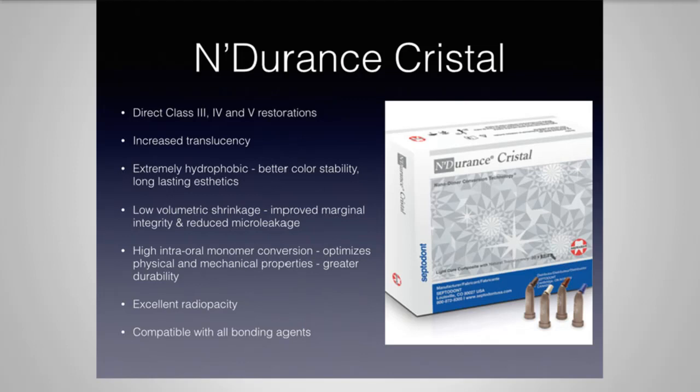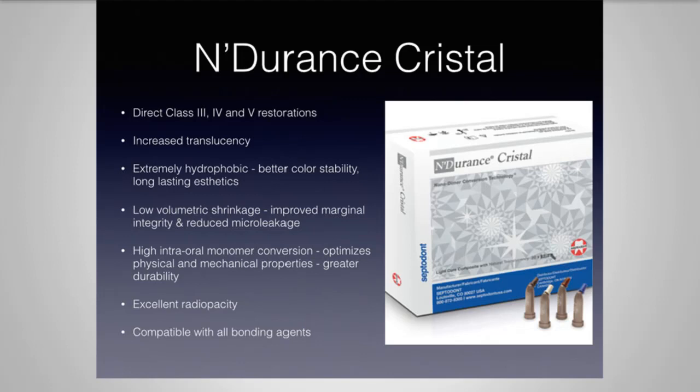Not to sit on its laurels, Septodont decided that they would also create a product specifically for class 3, 4, and 5 restorations, Endurance Crystal, which has an increased translucency, an extreme hydrophobic material for, again, great color stability, long-lasting aesthetics. Again, continuing with the low volumetric shrinkage, improved marginal integrity, and reduced microleakage.